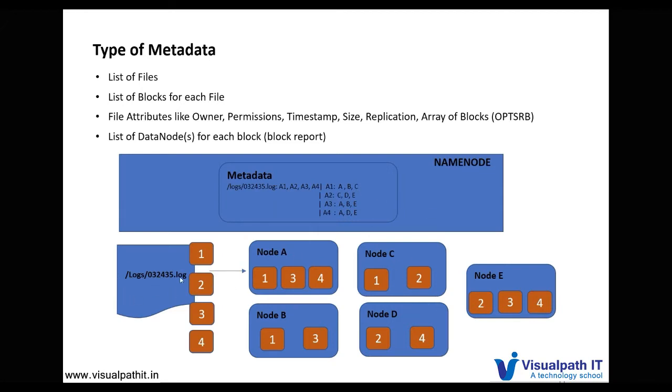Then the edits file holds the logs, the recent and latest operations going on. After some time the fs image and edits will be merged to generate a new fs image file, which we will discuss when it comes. So the fs image stores the entire file system metadata, and this is the edits log. Let us go to the next one.